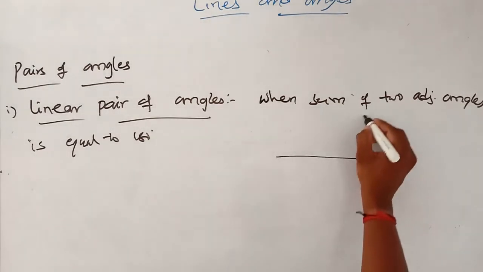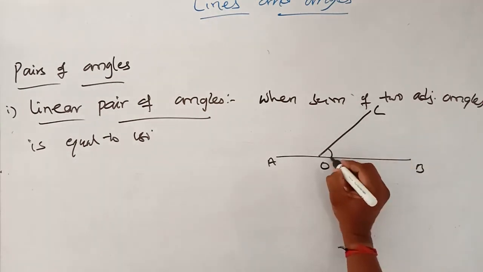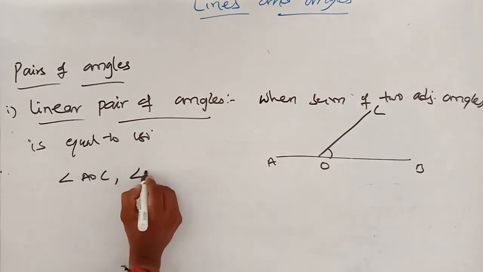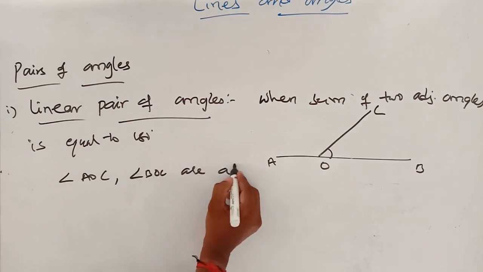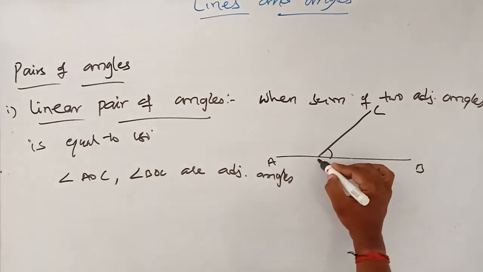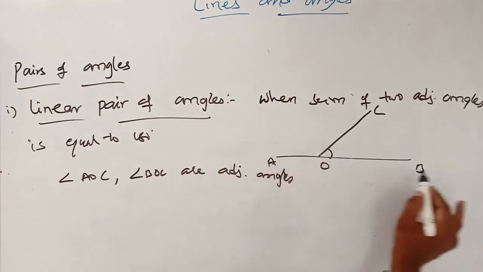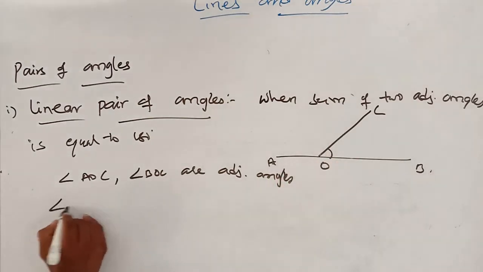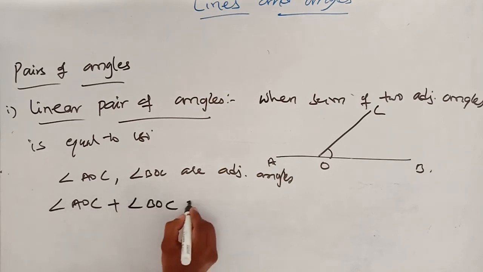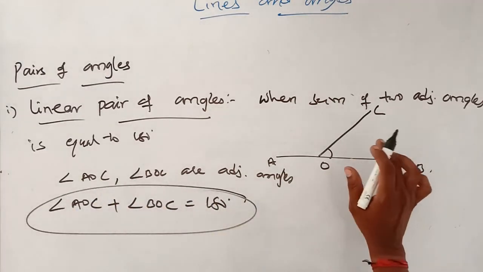Example, here I am taking the figure AOB and C. Angle AOC and angle BOC are adjacent angles, because OC is the common arm and O is the common vertex. Because AOB is a straight line, when I am adding angle AOC plus angle BOC, it should be equal to 180, then only this is called a linear pair.